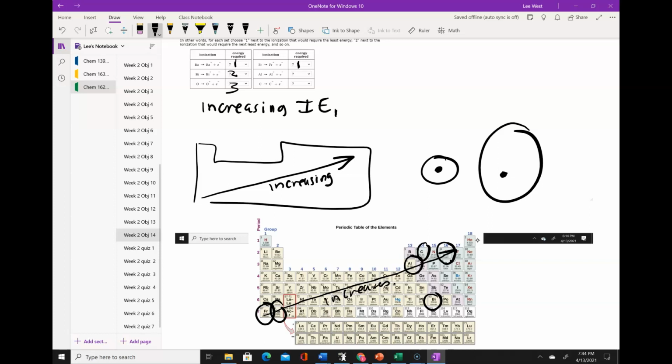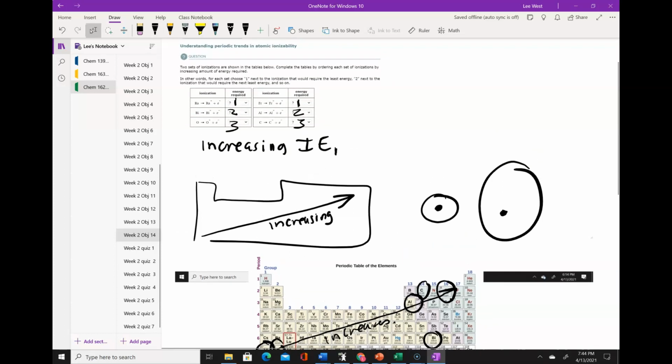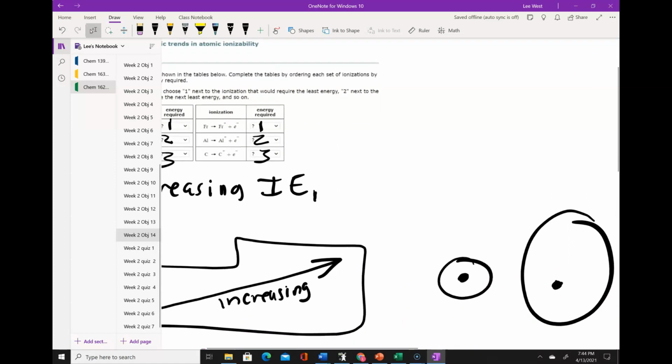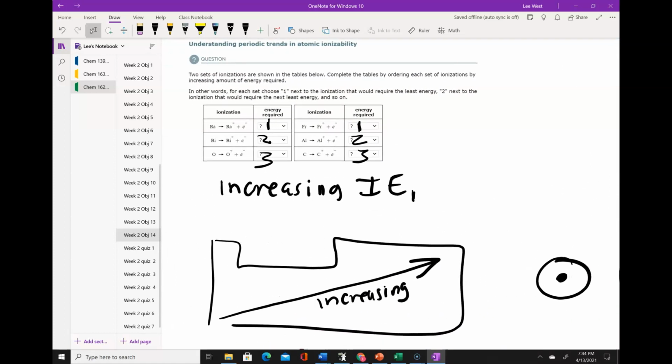So it's going to be aluminum and then carbon. Now the general trend is that metals have low ionization energy, non-metals higher. There's no confusion here, they're all clear cut, but the non-metals should have higher ionization energies than the metals. Metals love to lose electrons. That was kind of easy because they were all in 1, 2, 3, 1, 2, 3.